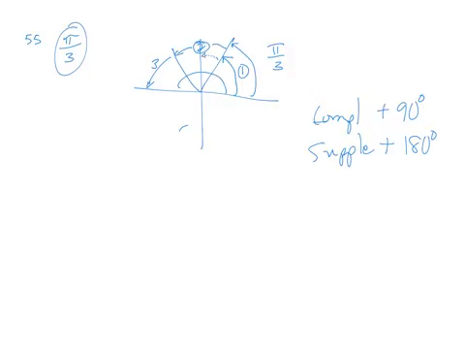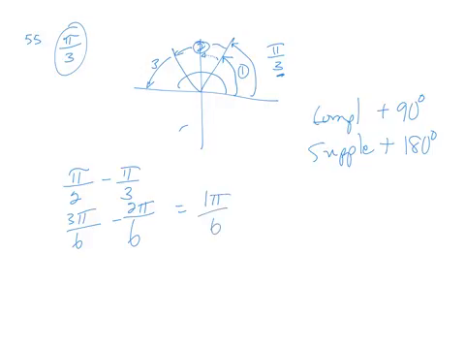So take the 90 degrees, which in radians is pi over 2, and subtract this pi over 3. They're not the same denominator, so I'd have to get the same denominator. That would be 1 pi over 6. That would be the complement, or adding up to 90 degrees.